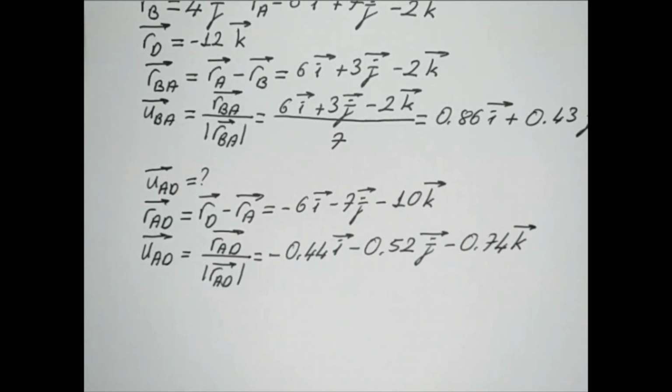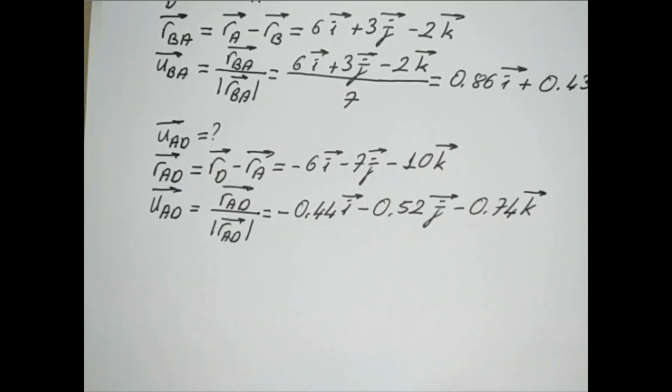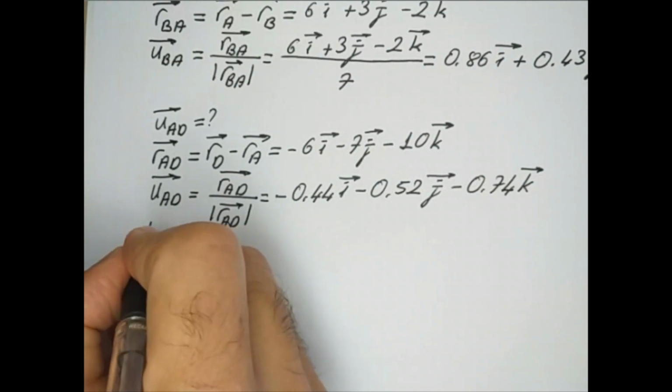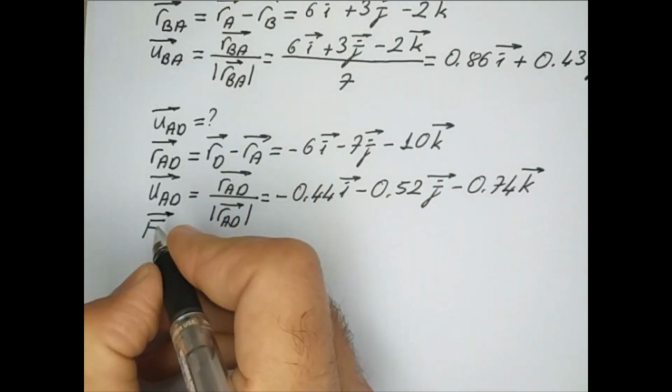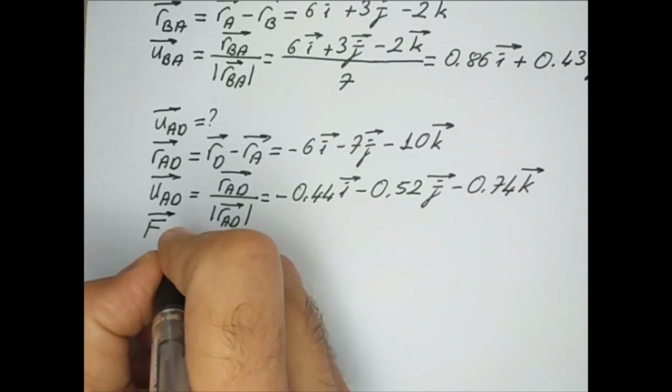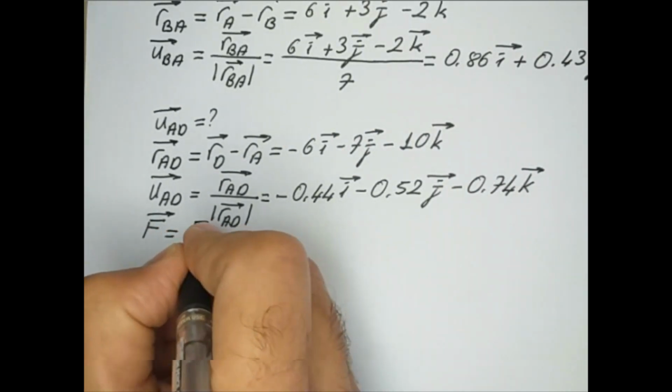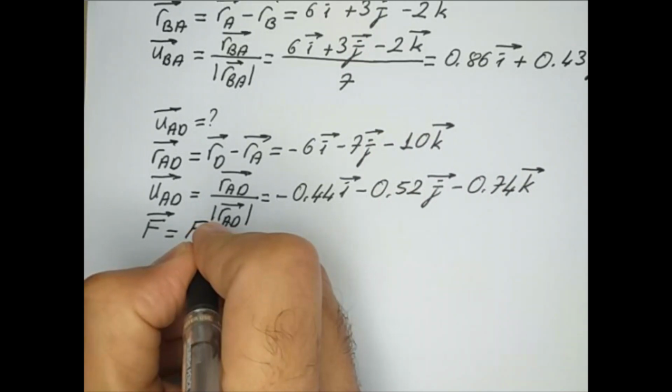Now the next thing is to calculate the force F in Cartesian form as a Cartesian vector. That is the magnitude of it multiplied by UAD.